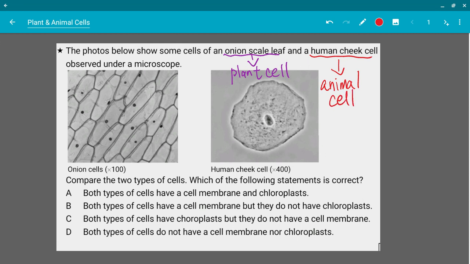And then you see the images, onion cell on the left and human cheek cell on the right. So let's continue. Compare the two types of cells. Which of the following statements is correct?